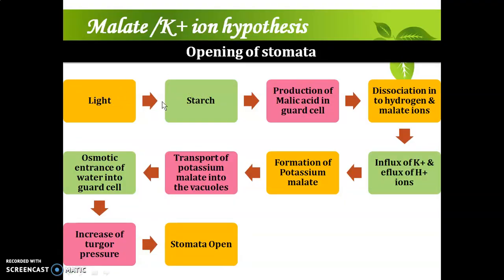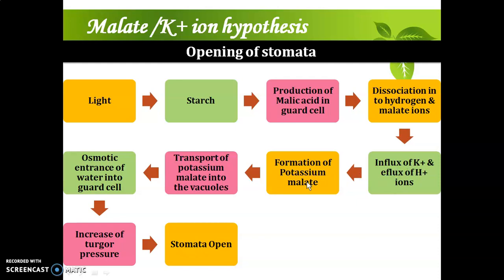This is also described here. During the light, starch synthesis occurs. This starch is converted into malic acid in the guard cells, and this malic acid dissociates into hydrogen ions and malate ions. Influx of the K plus ion, inward movement of potassium ion and outward movement of hydrogen ion, takes place.